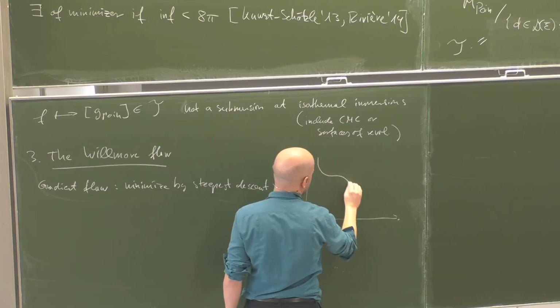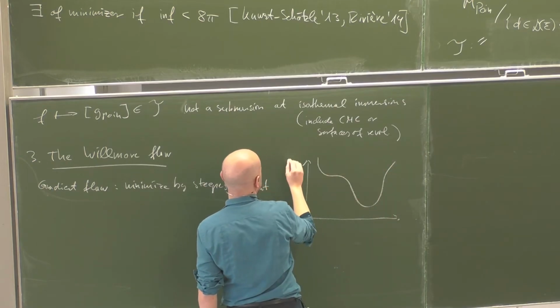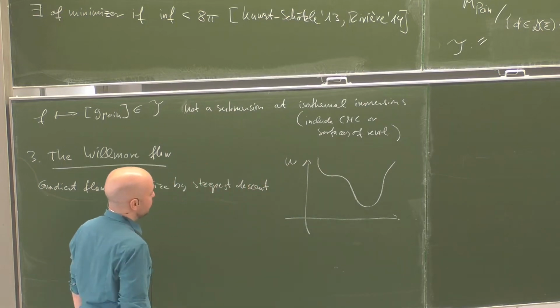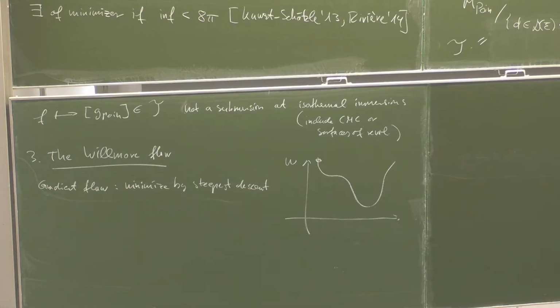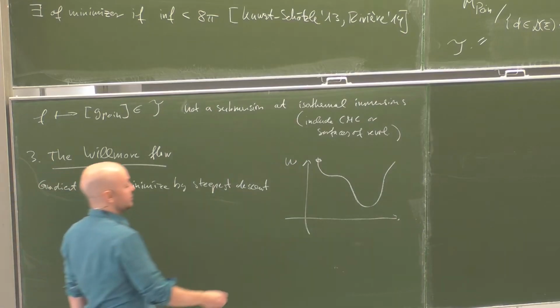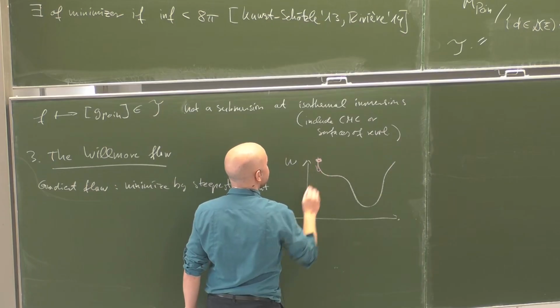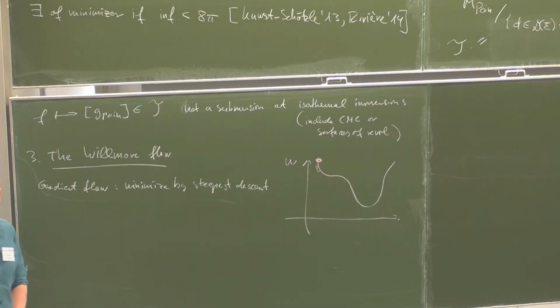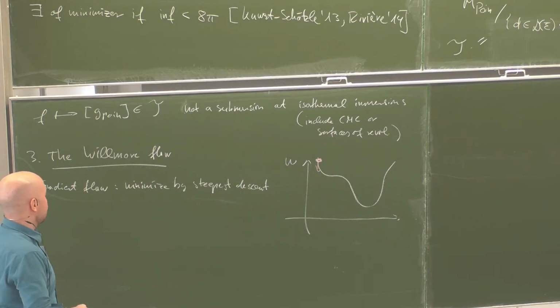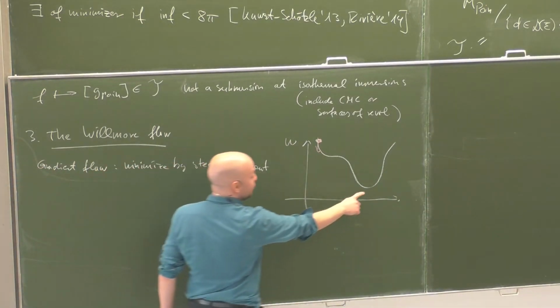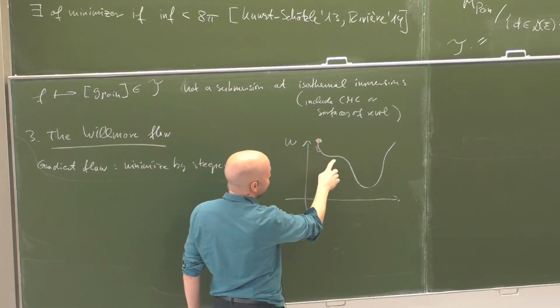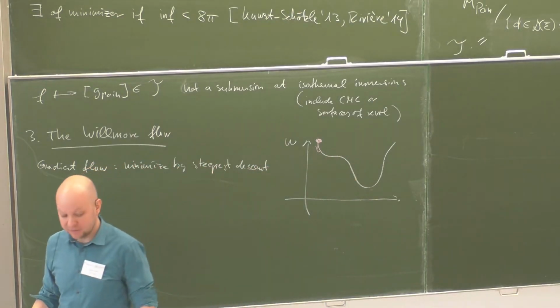We have an energy landscape W. We start with some initial datum, and at each time we go down in the direction of the negative gradient, the direction of steepest descent, and we hope we find something useful in the limit. Of course, we cannot expect to get to the global minimum. We can also stop at a local minimum or a saddle point.